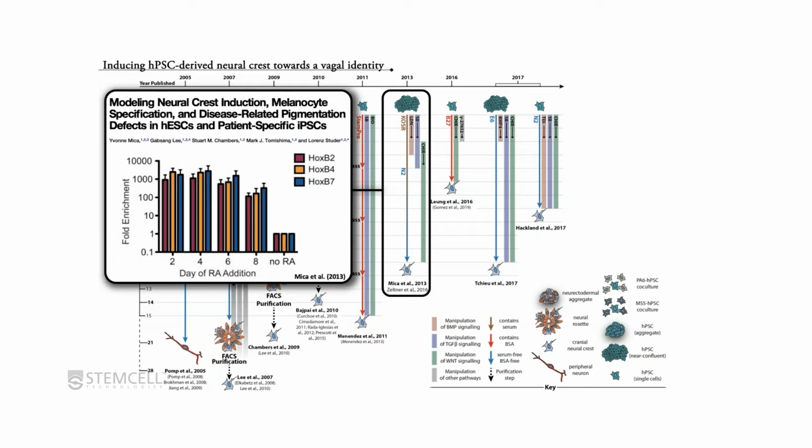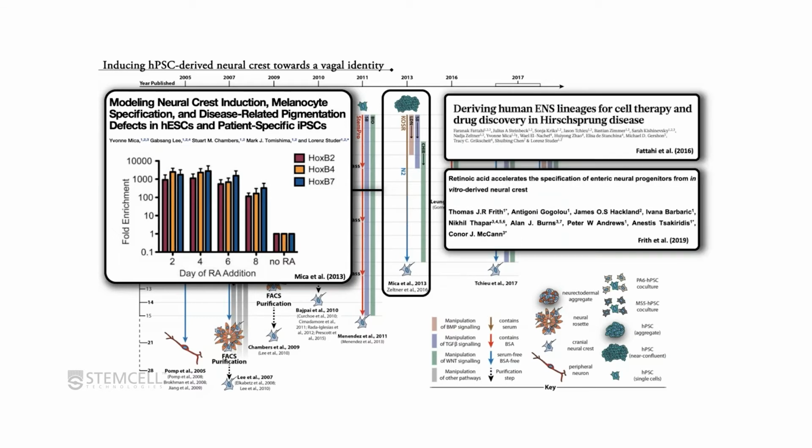Since then, others have used the same approach to generate vagal neural crest and to characterize them further. I've put a couple of examples here on the right-hand side that both use this approach to generate enteric neurons, which in the embryo are exclusively derived from the vagal or sacral neural crest.